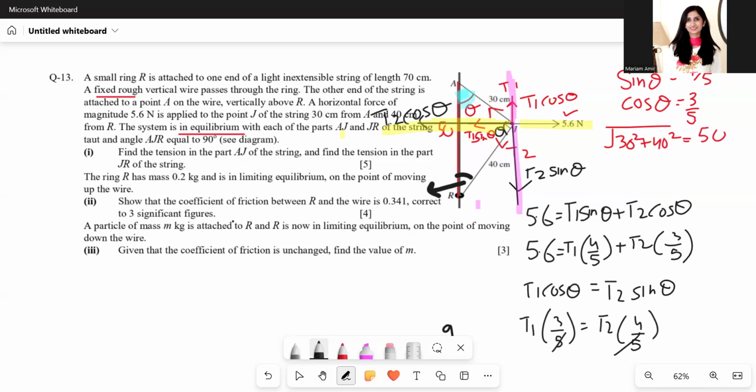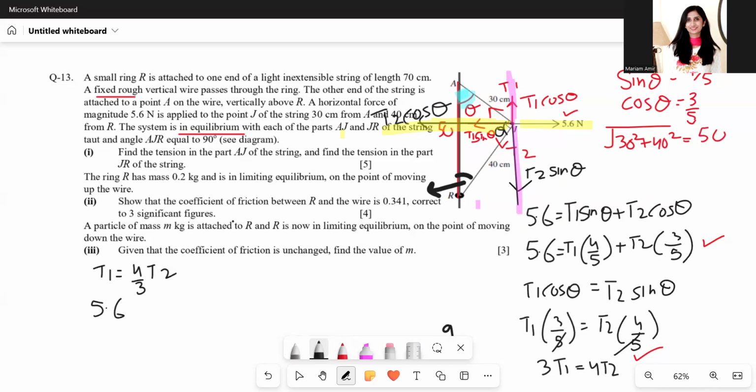Cancelling, I get 3T1 equals 4T2. Now I can solve this and the earlier equation simultaneously and get T1 and then T2. So T1 equals 4 over 3 T2.